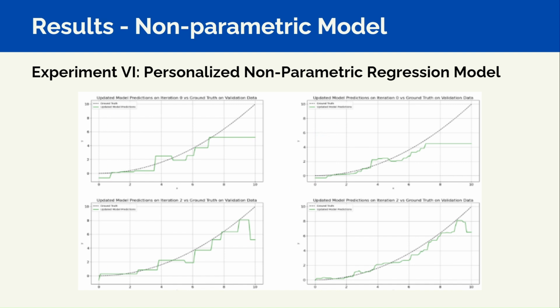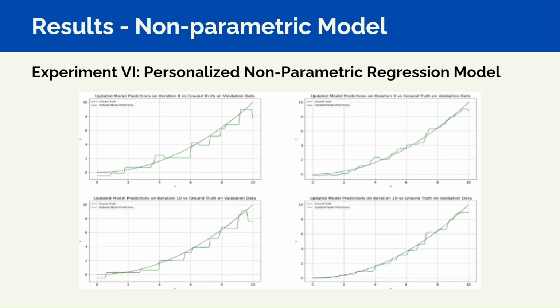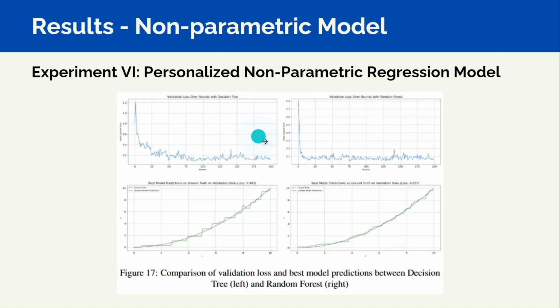And here we can see that at first the model doesn't approximate the distribution very well, but after a few iterations, the lines look more similar to the ground truth. We also can see that using a more complicated model, like random forest here, results in a better approximation.